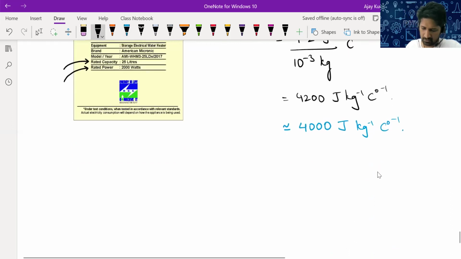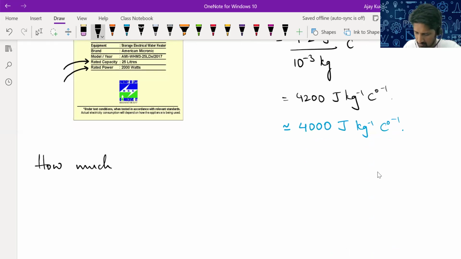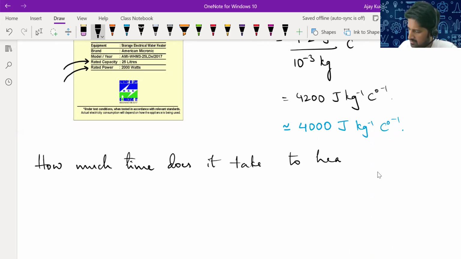I want you to find out how much time it takes to heat, how much water shall we assume? Let's say some 50 liters of water. Can any of you quickly tell me the density of water? 50 liters will weigh how much?